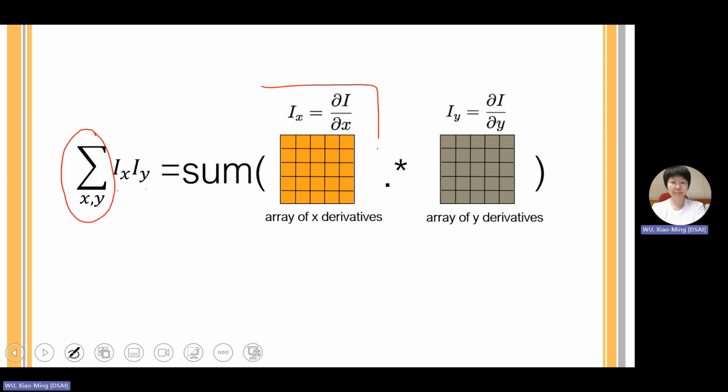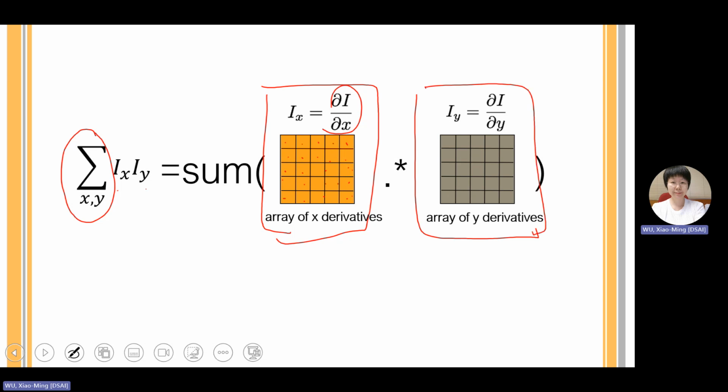This is Ix, the map of Ix. Within this window, for each pixel, we compute its x derivative. So this is the matrix of x derivative, and this is the matrix of y derivative.